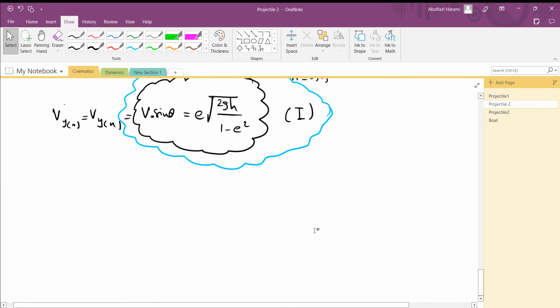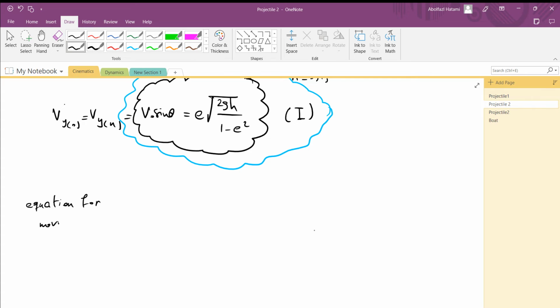V0 cosine of theta, equation for movement in x direction.